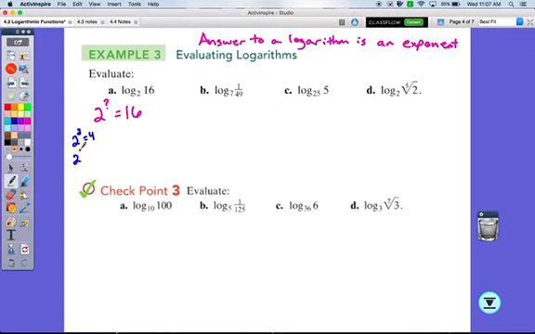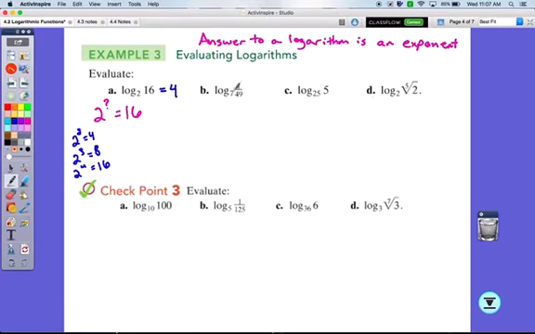I know 2 to the third, 2 times 2 times 2, is 8. And 2 to the fourth is 16. So I need to raise 2 to the fourth power to get 16. So the answer here is 4. Keep in mind that if we wrote this as an exponential, we're saying 2 to the answer power is equal to 16, so we're looking for that exponent.